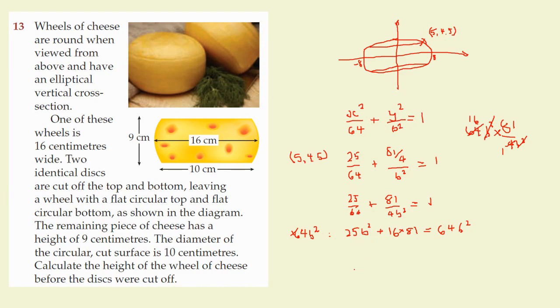Get all the b squareds onto one side. I'll leave my 16 times 81 here, and I'm leaving it as 16 times 81 for a very good reason. And what am I left with? I've taken away 25 over there, so that's going to take me to 39.